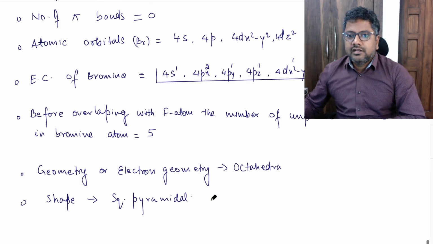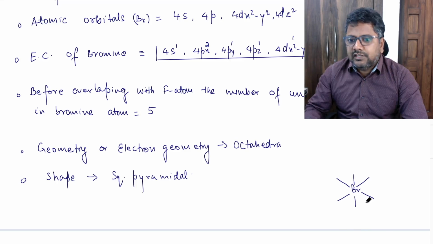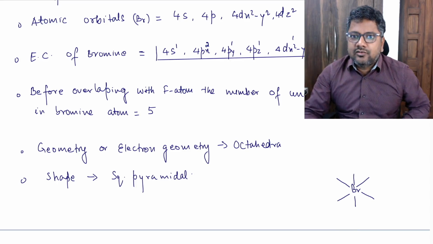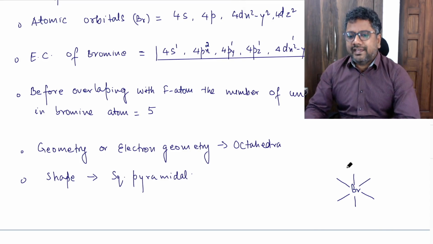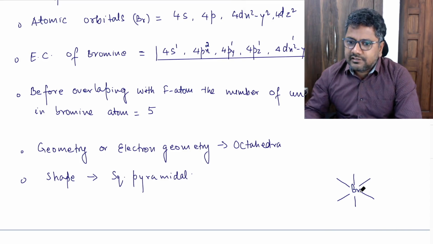Right? Now see, your bromine is here, and the electronic geometry is octahedral. In an octahedron there is no axial, no equatorial, all bonds are equivalent. So one lone pair is there, and anywhere you can put that lone pair, no restriction, right? Suppose I have put it here.